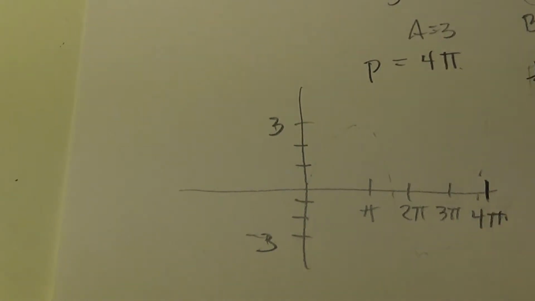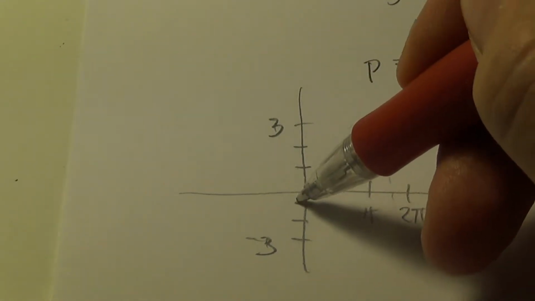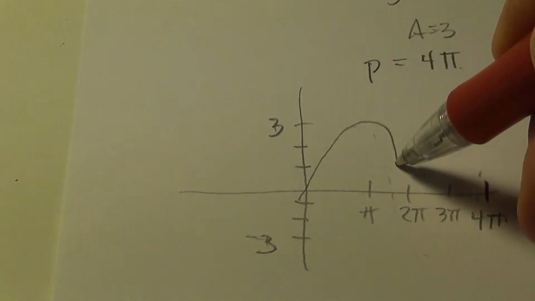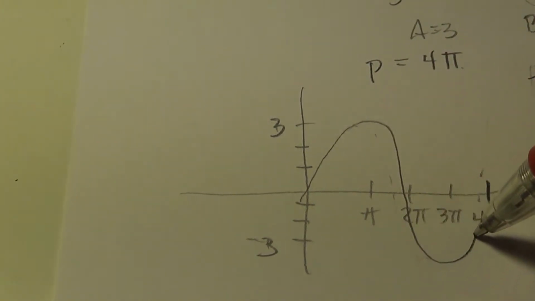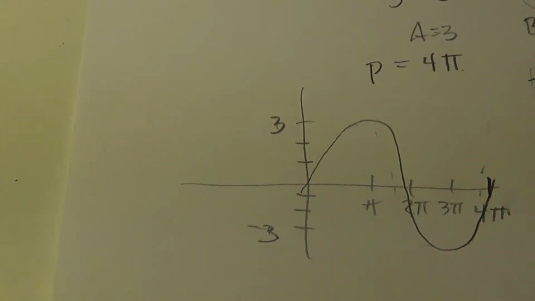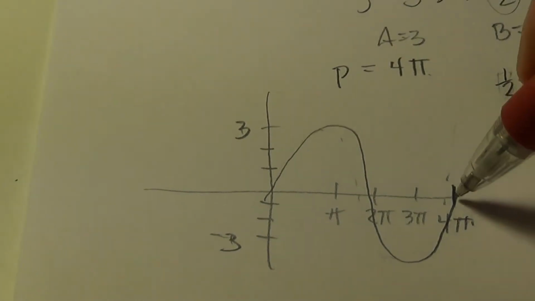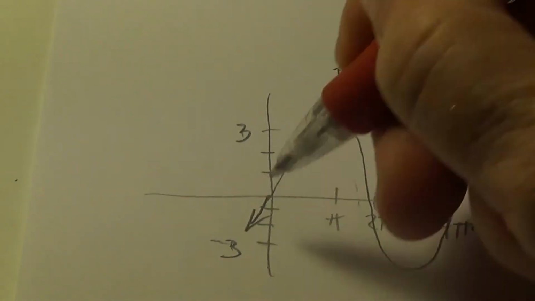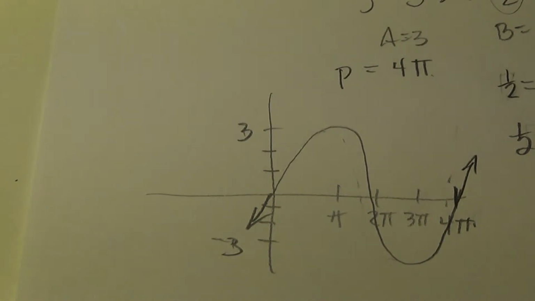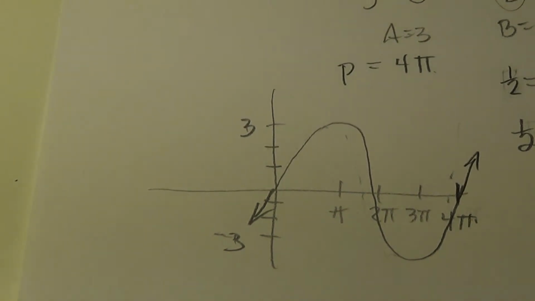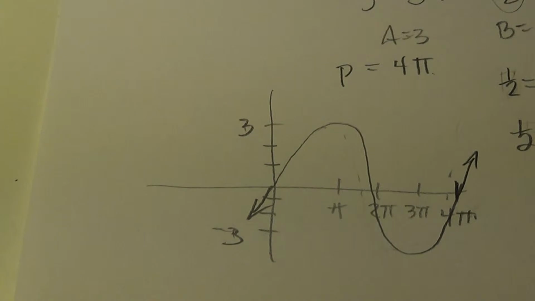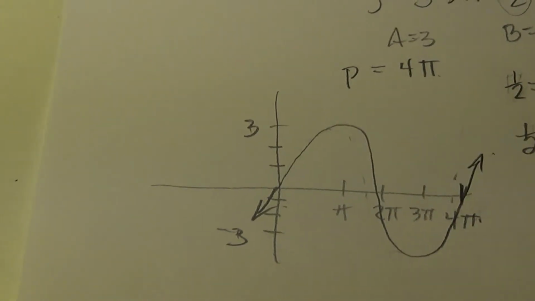So I want one peak and one valley going up to 3 and down to -3 within 4 pi radians. So that's one cycle, and you understand that it's going to go on in both directions in the same way. Graphing one cycle is a lot easier though. So if you just give me one cycle and indicate that it goes on forever.